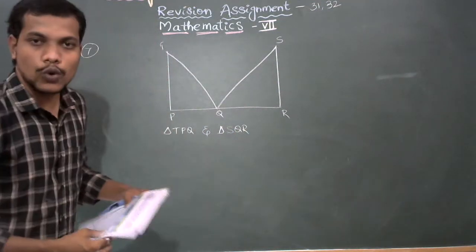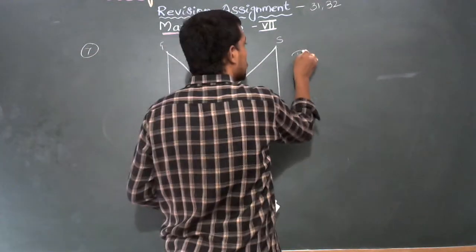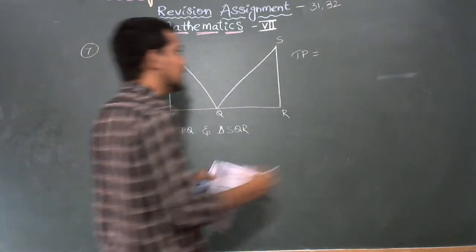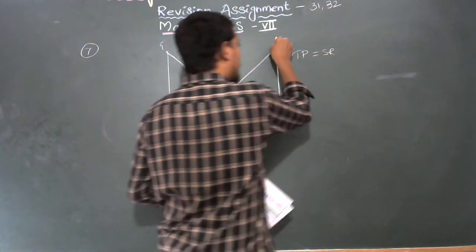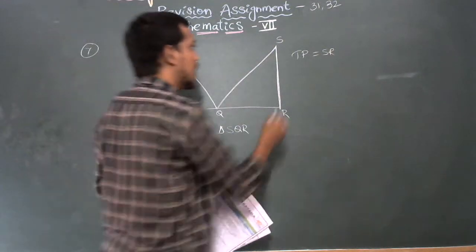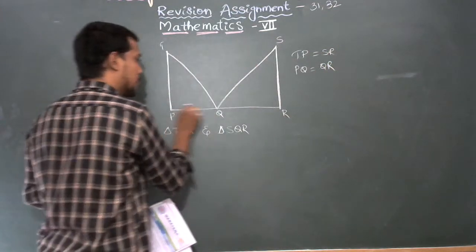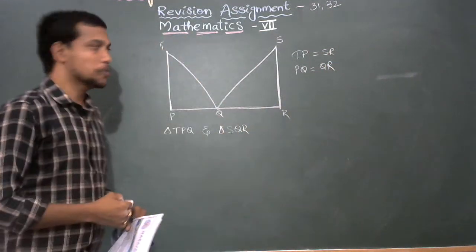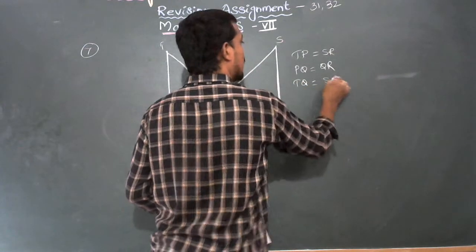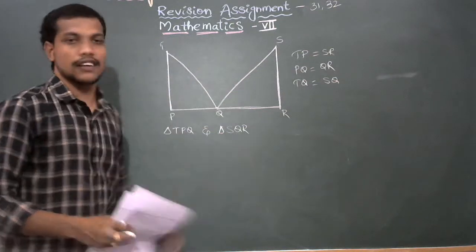In these two triangles, TP is equal to SR, and this side must be equal. Next, PQ equal to QR. And TQ equal to SQ, so these two lines are equal.